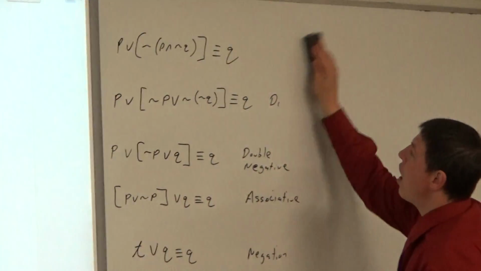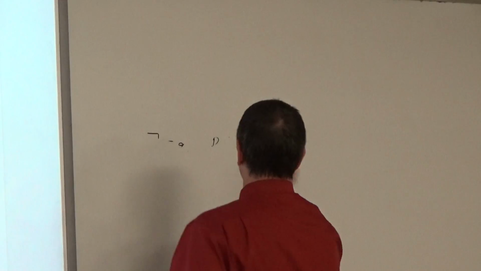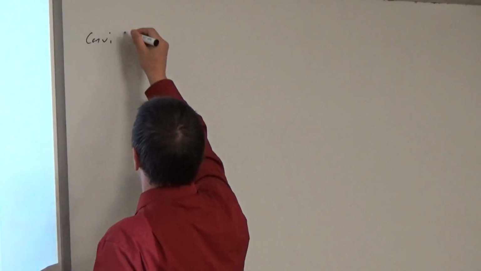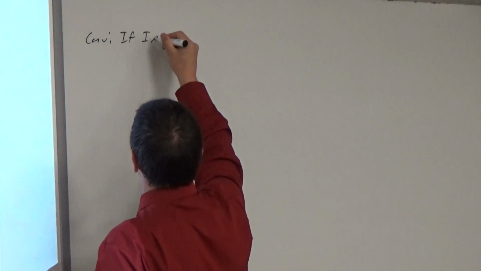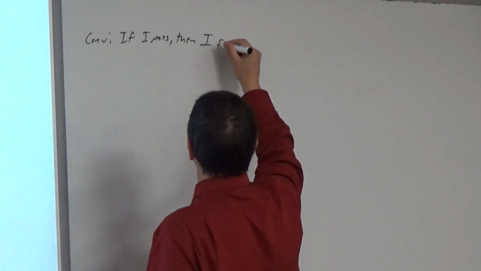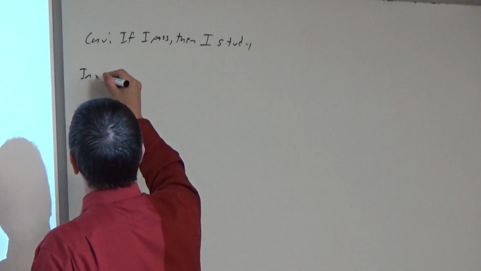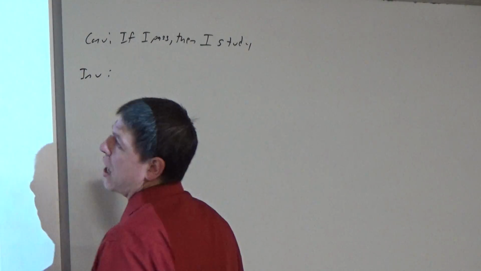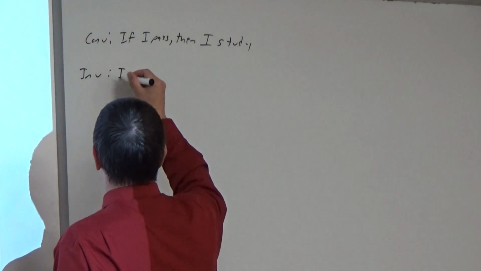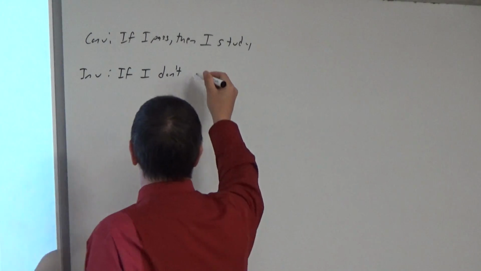If I want the converse, I just flip the conclusion and the antecedent. So for the converse, that's if I pass, then I will study. The inverse of that statement says that if I do not study, then I will not pass.